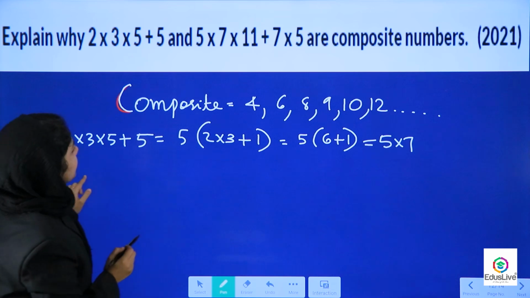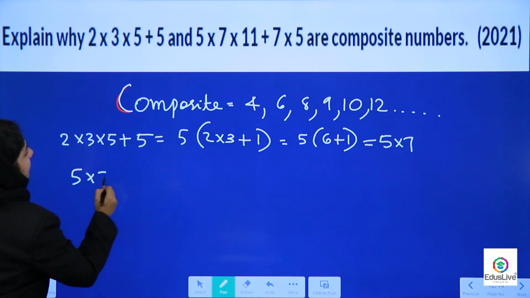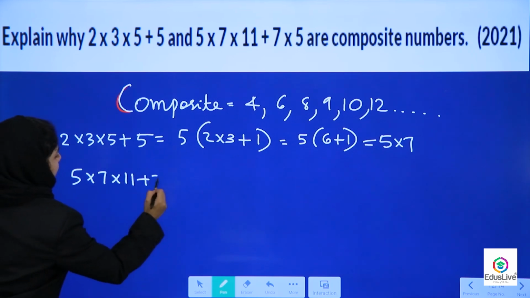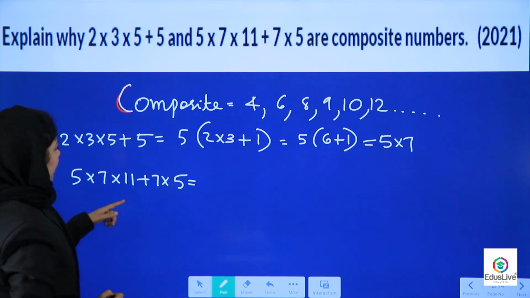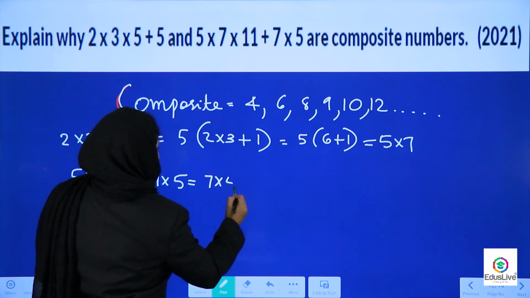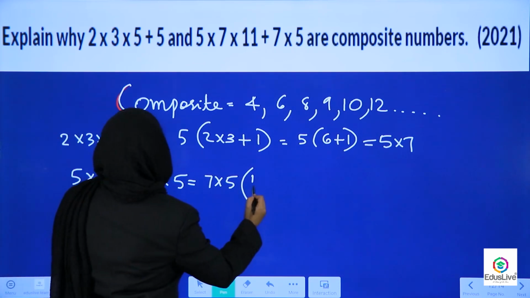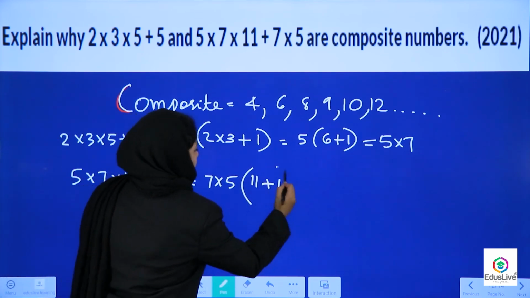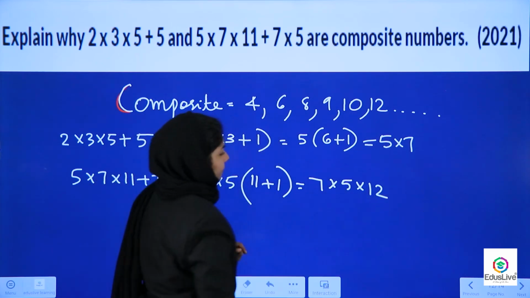Now next number, 5 times 7 times 11 plus 7 times 5. Again, 7 times 5 is a common factor, and inside the bracket we get 11 plus 1, which is 12. So it is 7 times 5 times 12.